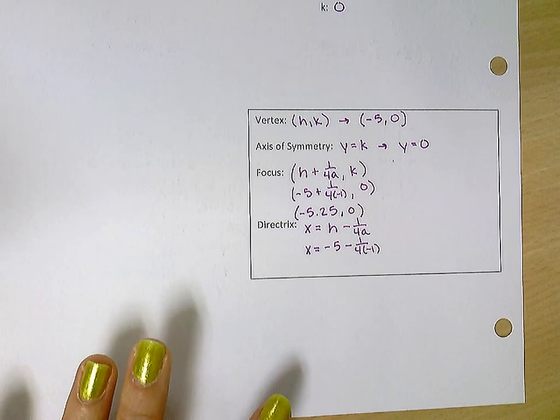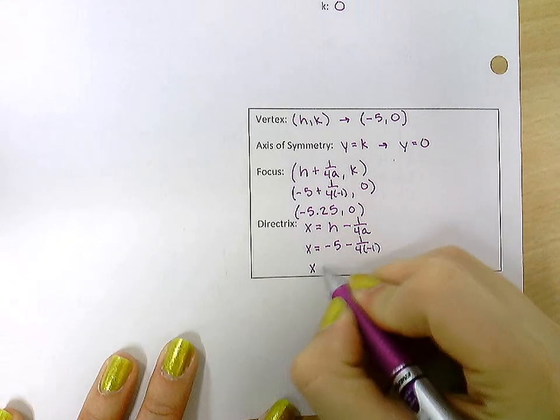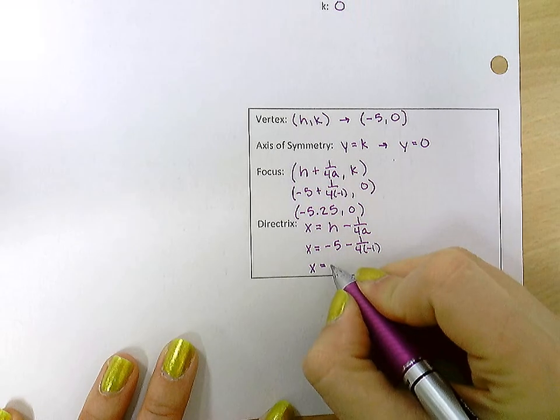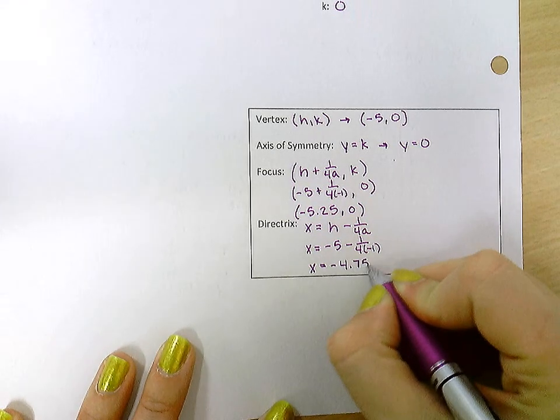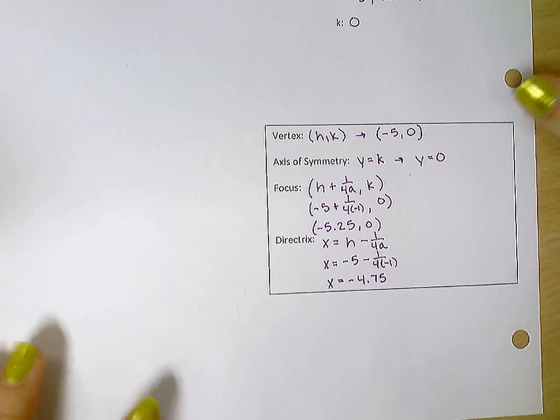So we have -5 minus a -1/4. So x will equal -4.75 for that directrix. Now we have all those characteristics.